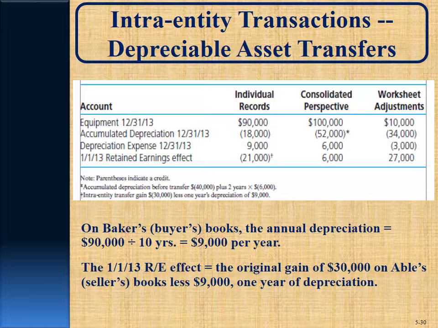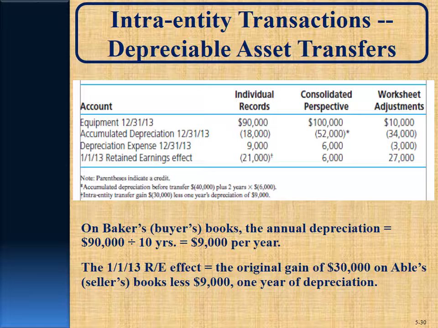Why? $30,000 is on Able's books. That shouldn't be there. And Baker has $9,000 more in depreciation than they should have. Retained earnings should have only been decreased by $6,000 of depreciation from last year.